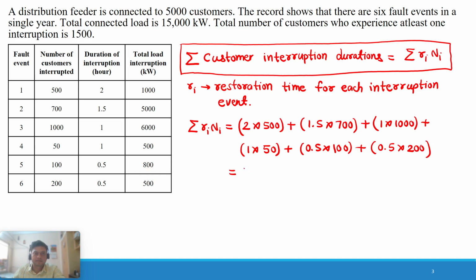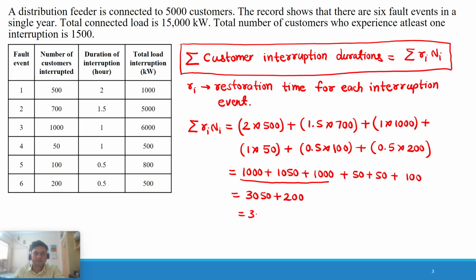So you will get 1000 plus 1050 plus 1000, and then 50 plus 50 plus 100. So this will give 1000 plus 3050 plus, then this is 200.